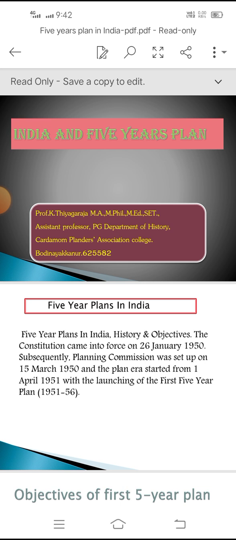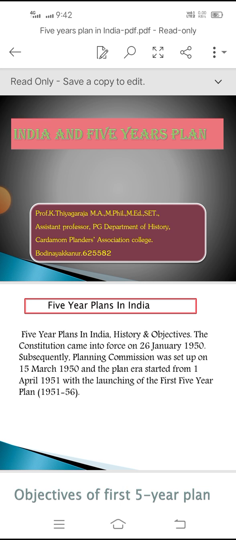In the Soviet Union, 8 year plans were already going on, but we wanted to get some ideology and the systematic approach of that concept from the Soviet Union.